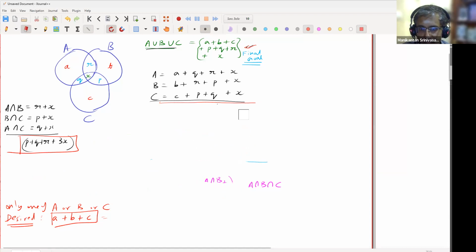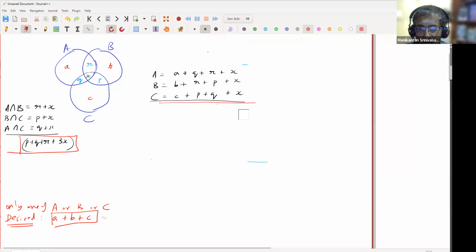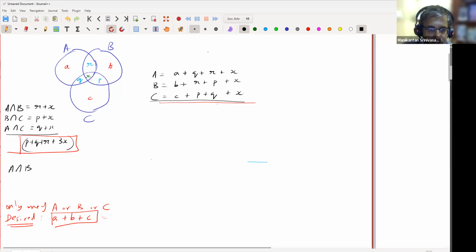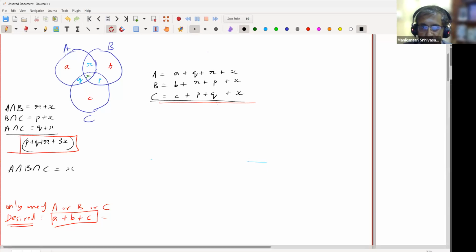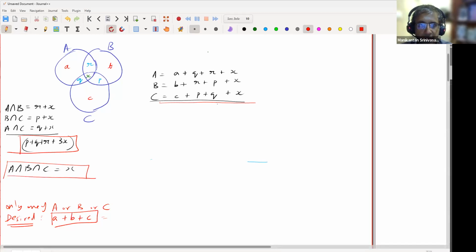So you must construct this final result. The final goal is what I have at the bottom, using several of these. A intersection B intersection C, which is just X. And then you have each of them.